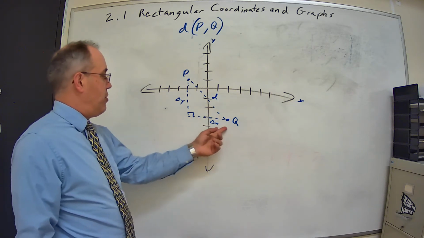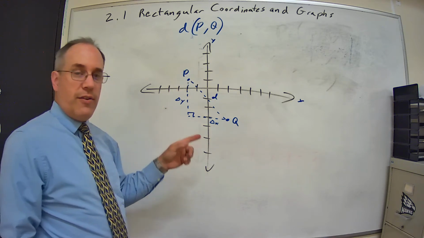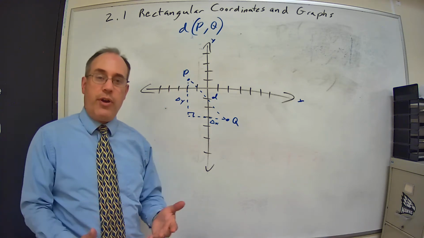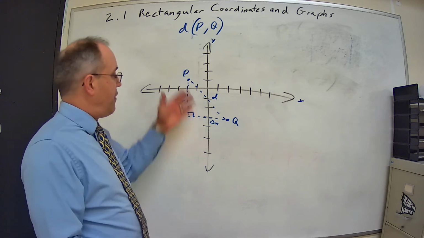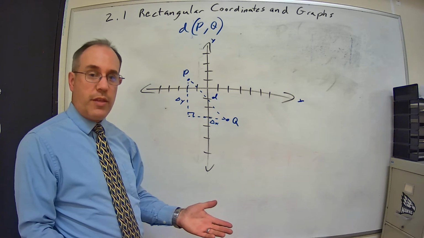Well, if I know this side and this side, or the two sides of a right triangle, can't I find the hypotenuse just by using Pythagorean theorem?